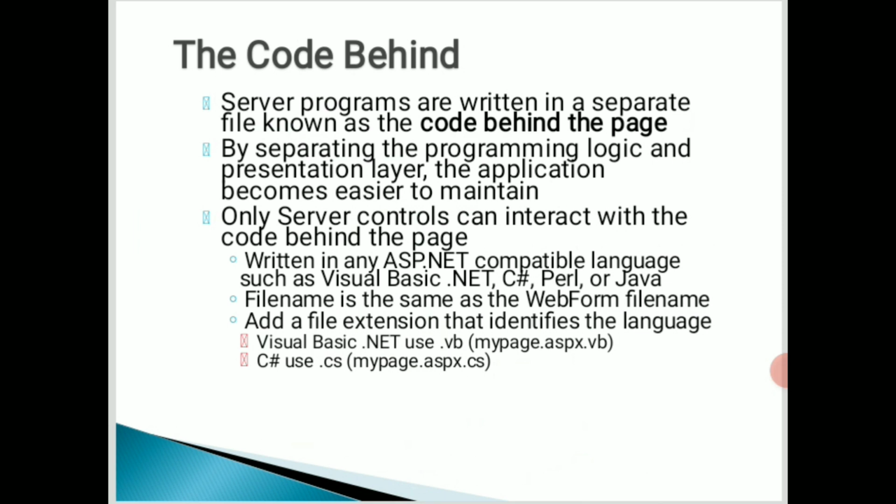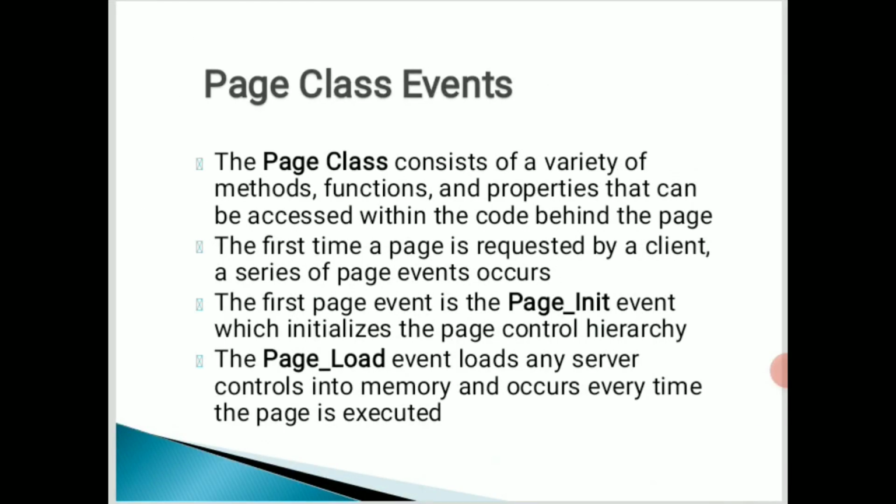The code behind server programs are written in a separate file known as the code behind page. Page class events. The page class consists of a variety of methods, functions and properties that can be accessed within the code behind page.